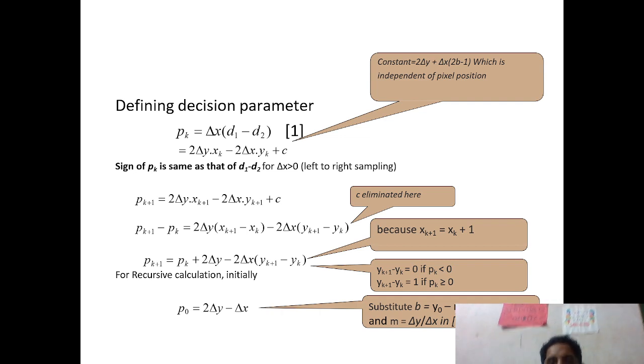Because xk plus 1 equals xk plus 1, yk plus 1 minus yk equals 0 if pk is less than 0, and 1 if pk is greater than 0. We can then calculate the recursive function, p0 equals 2 delta y minus delta x, where b equals y0 minus m x0 and m equals delta y by delta x.